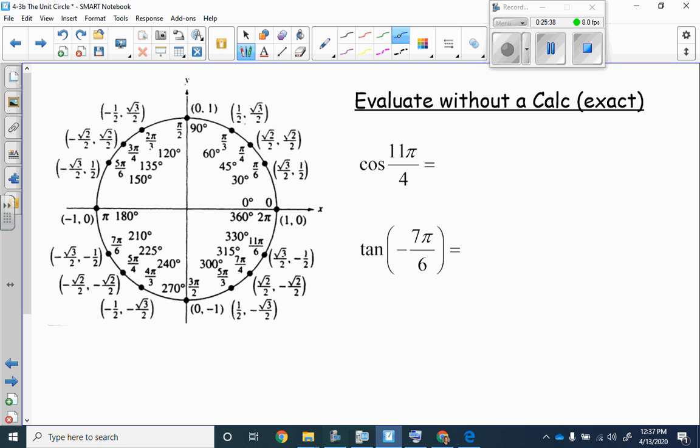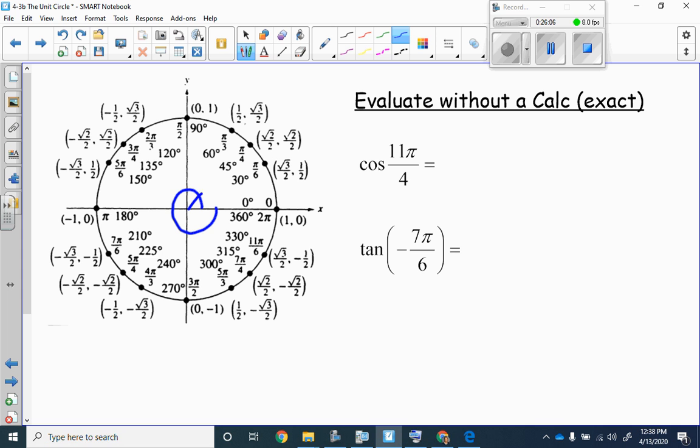So with radians, I just suggest that people think about counting it out. Cosine of 11 pi over 4. First of all, 11 over 4 is more than 2, and 2 pi radians is one rotation. So sometimes what I tell people to do is think about one rotation here as 2 pi. Well, in fourths, that would be 8 fourths.